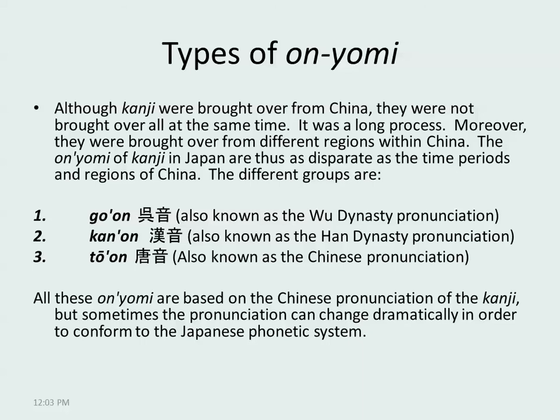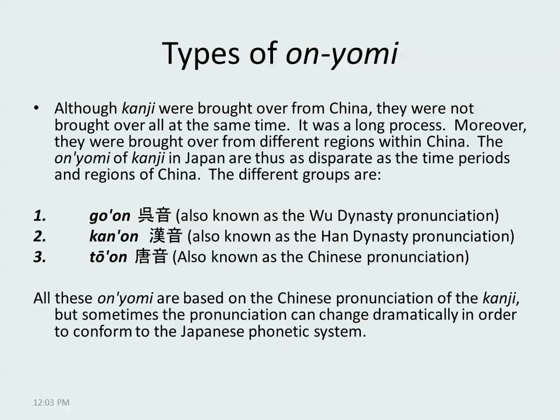If you know anything about China, of course, dialects in China vary dramatically. The way that language is spoken in the north differs from the central areas, it differs from the south. And so if you're bringing scholars and information over from those different areas at different times, you can imagine how the Chinese pronunciation of various characters would differ.